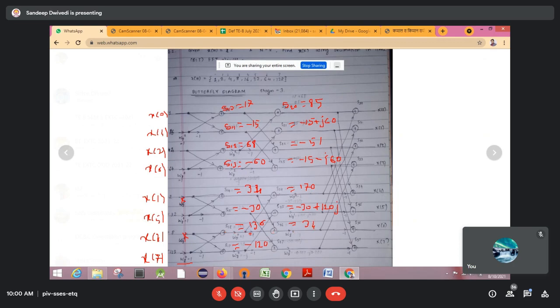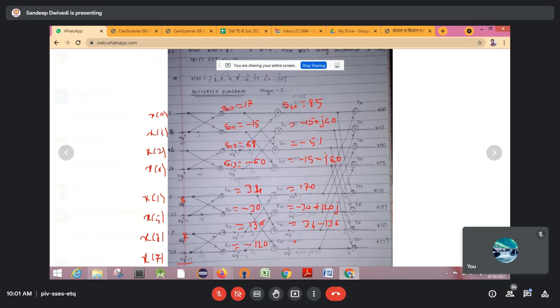Then this arrow is there, so here the twiddle factor value is 136 multiplied by twiddle factor, that is 1, and then minus is there, so this will be 34 minus 136. Correct? 34 minus 136, sorry, it will be minus 102.